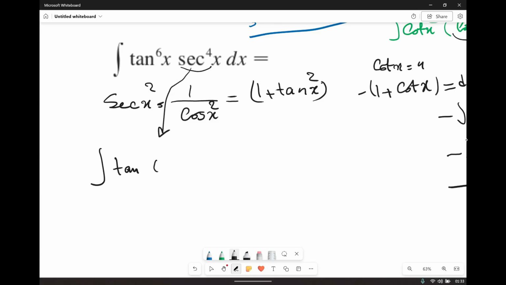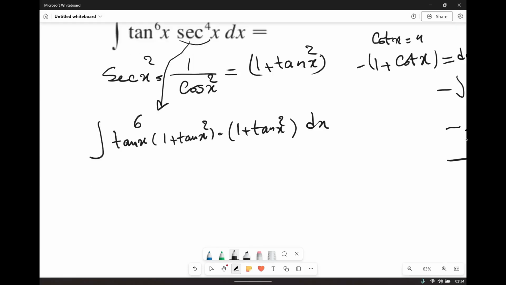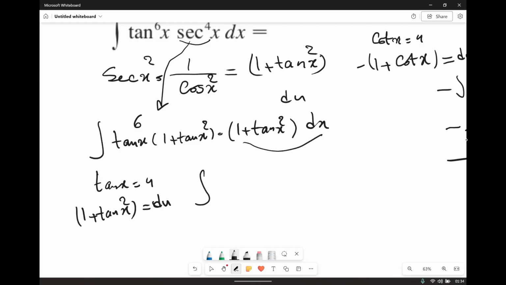If I write this, it is 1 plus tangent x power 2 times 1 plus tangent x power 2 times tangent x power 6 dx. If I put tangent x as u, then 1 plus tangent x power 2 dx is du, or u prime, and our integral changes to u power 6 times parenthesis 1 plus u power 2 du.